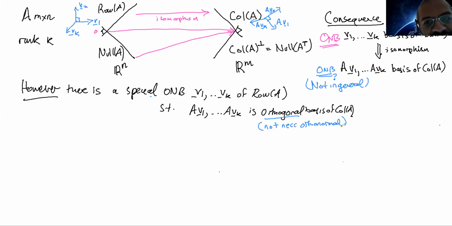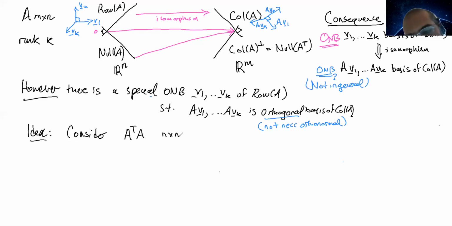Here's the slick idea. This is a short proof, but it's kind of magical. Consider the matrix A transpose A. That's an n by n matrix.